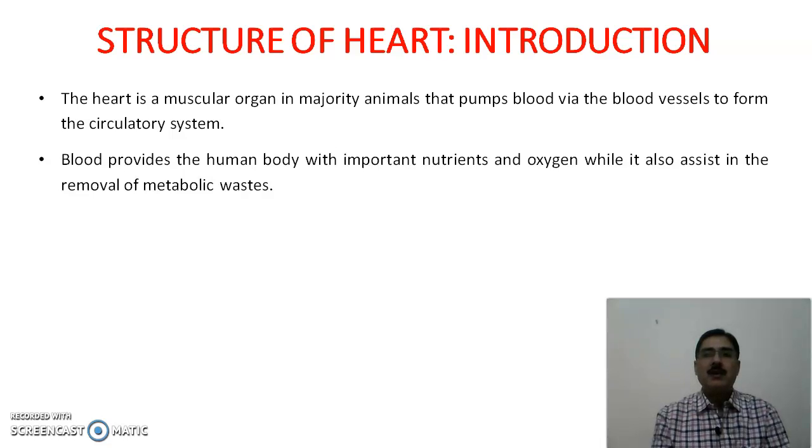And the second main component is the central pumping organ, which is basically responsible for pumping the blood. So altogether, these three components, the central pumping organ heart, the network of blood vessels, and the blood itself, are the three main components of the blood circulatory system.